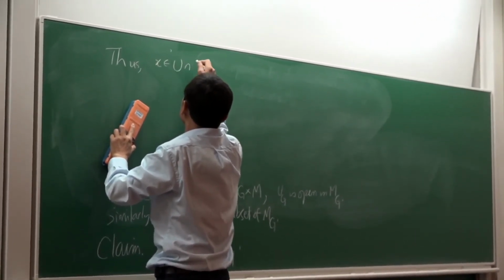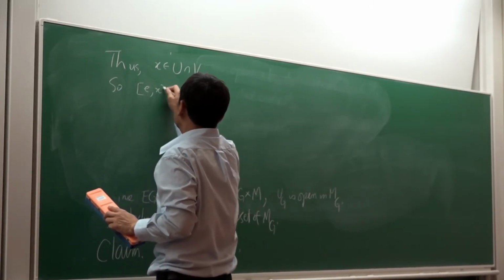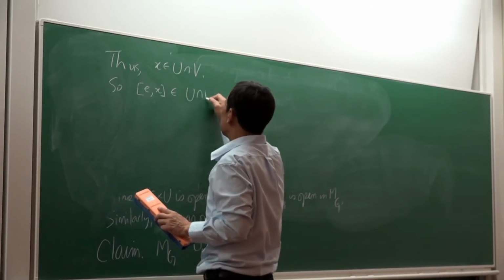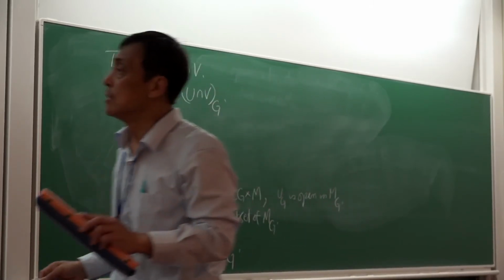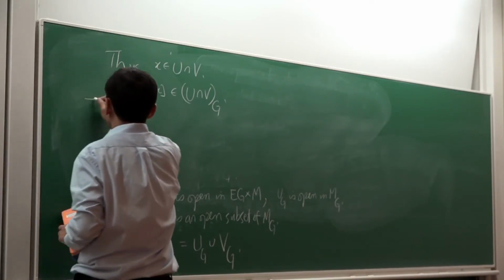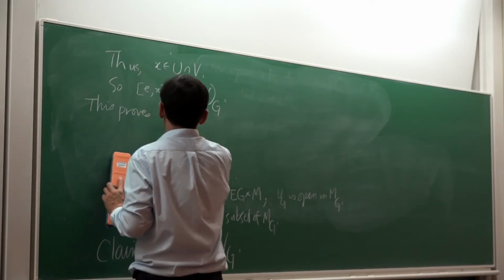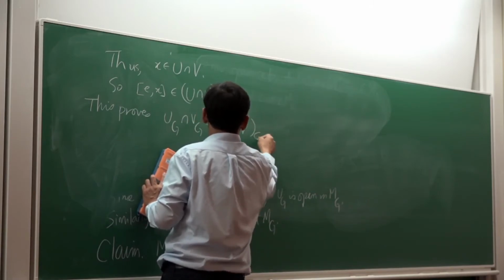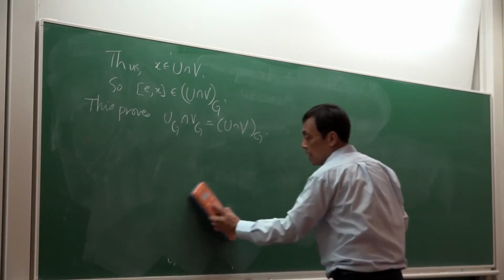And so [e,x] is in (U intersect V)_G, the homotopy quotient. And so this proves the other direction. U_G intersect V_G is (U intersect V)_G.